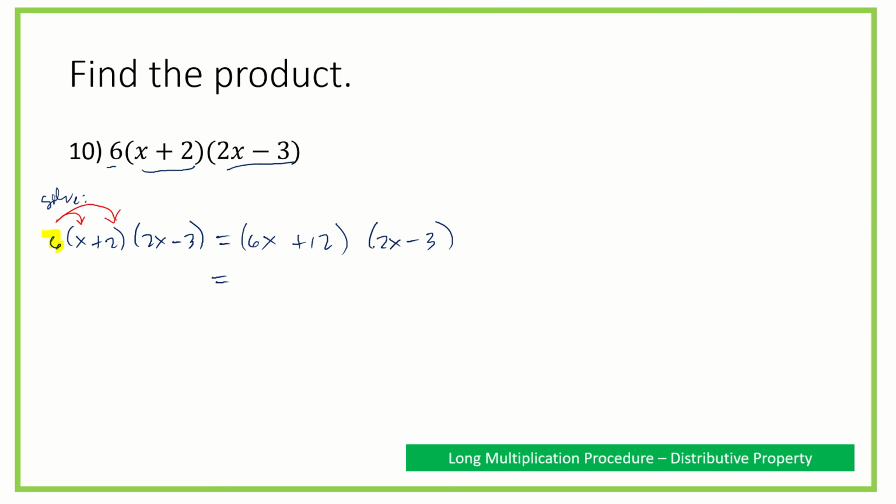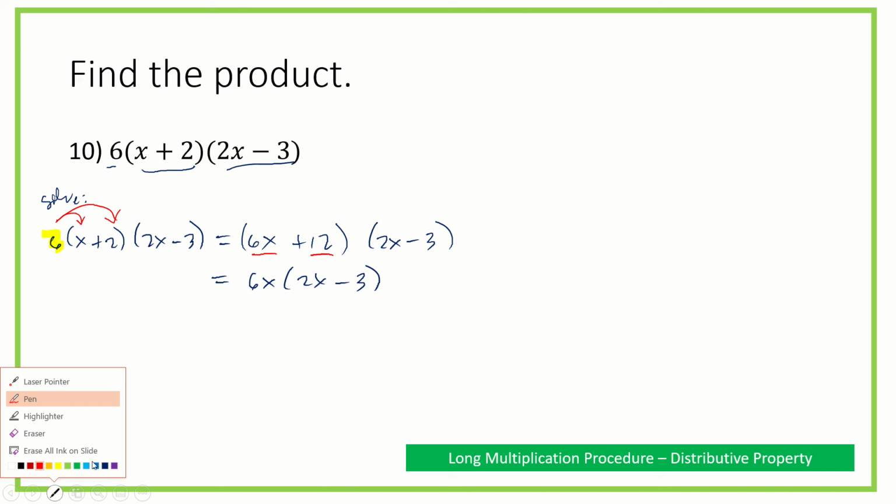And then finally, you can multiply the two binomials in here by following the long procedure of multiplication through distributive property. So we multiply 6x, the first term, to the second binomial, and the second term multiplied to the second binomial.